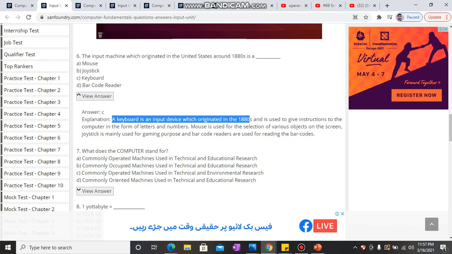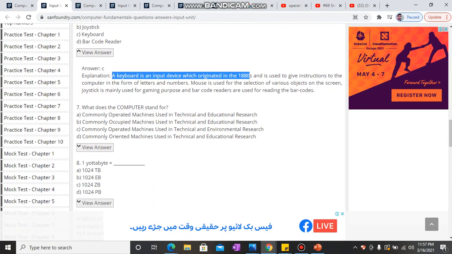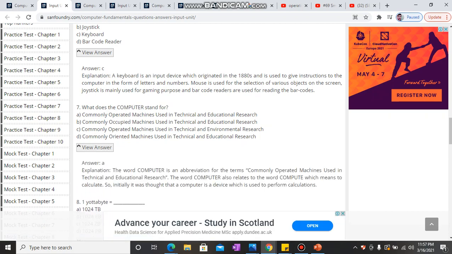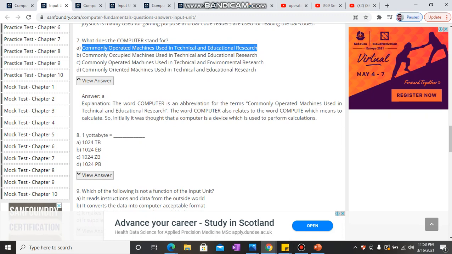The mouse is used for selection of various objects on the screen. The joystick is mainly used for gaming purposes, and barcode readers are used for reading barcodes. Next, a very simple question: computer stands for, and we have the answer, that's A. Commonly operated machines used in technical and educational research. I guess it does not need any explanation.